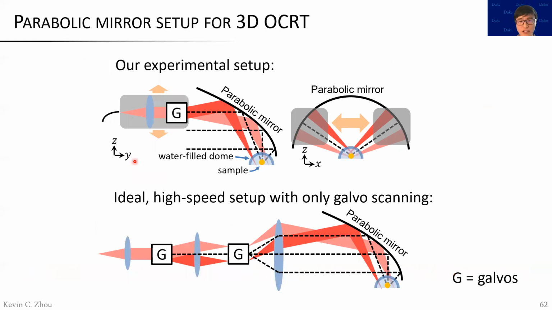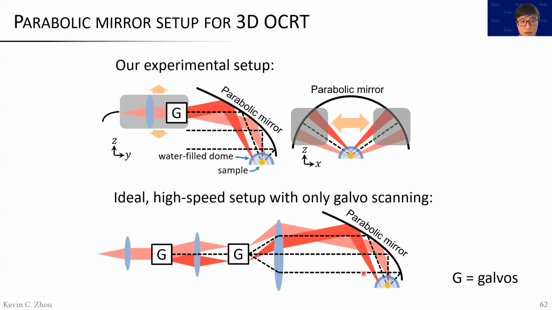So I modified the OCT system so that the sample arm is now mounted on a 2D translation stage. And it's scanned across the aperture of a half parabolic mirror, and thus varying the angle of incidence. So although for this first demonstration, stage scanning is slow, we note that it is straightforward to achieve the same setup using a pair of anti-conjugate galvanometers or galvos.